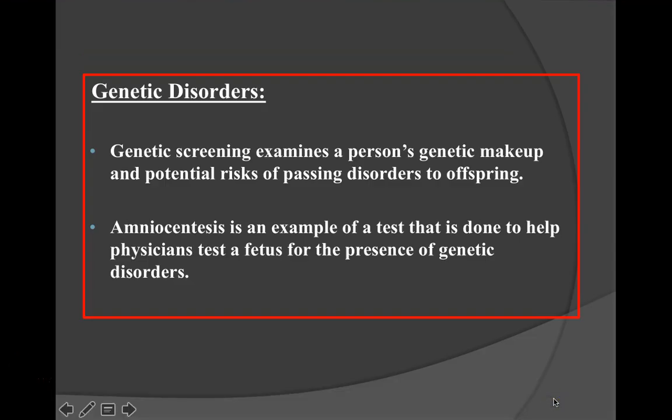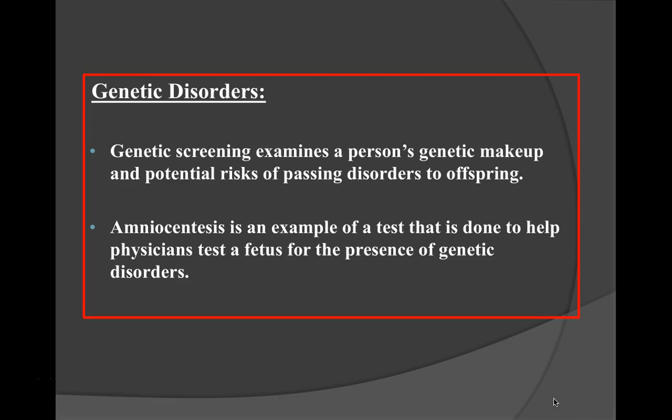So genetic disorders, obviously we talked about in class, can be passed down through the germ cell genes only, not the somatic genes. So in order for them to be passed down, they have to be passed down through the gametes, and there are tests out there.